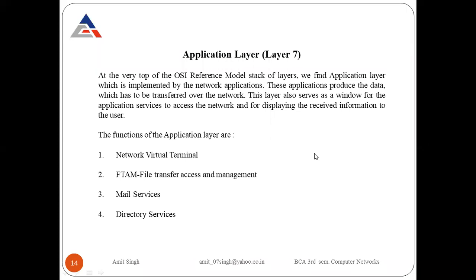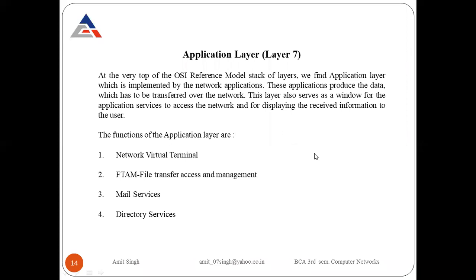This layer also serves as a window for the application services to use the network and to display the received information to the users. All users at the end receive information with the help of applications, and these applications work with the help of the application layer.